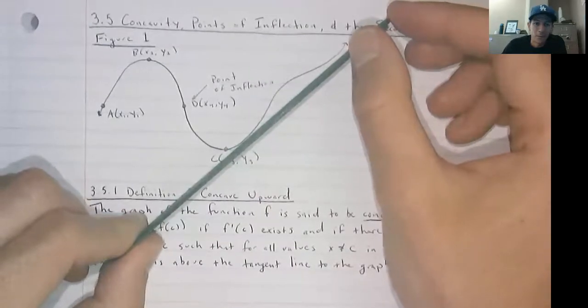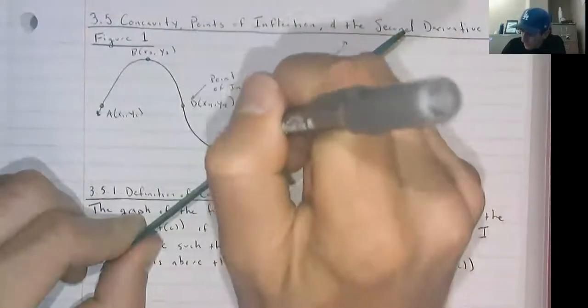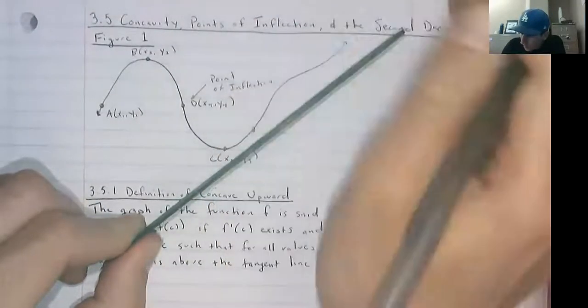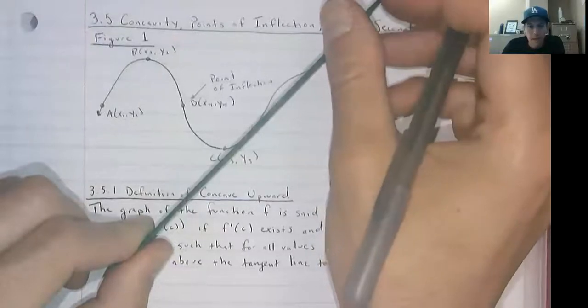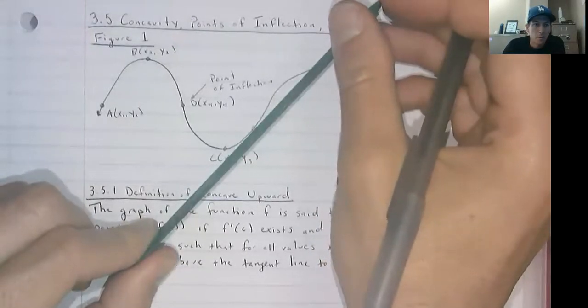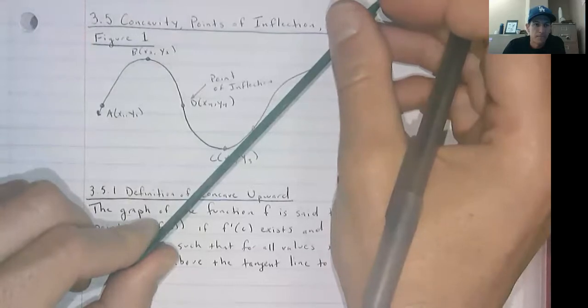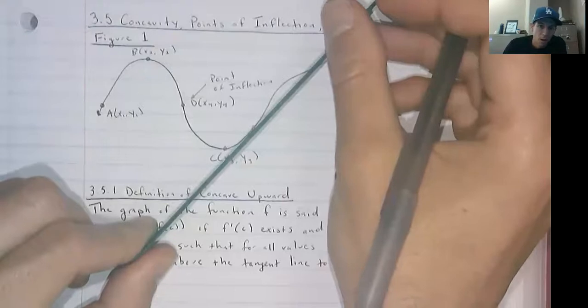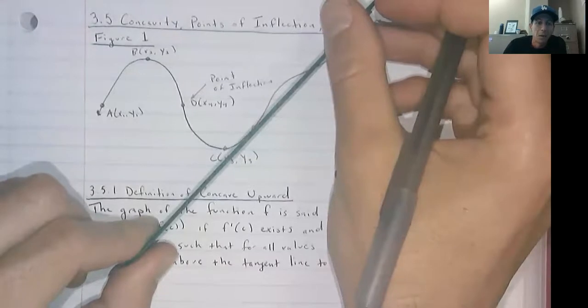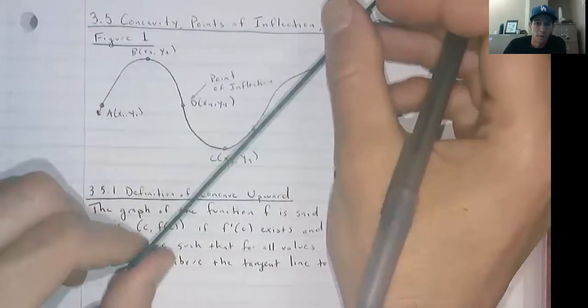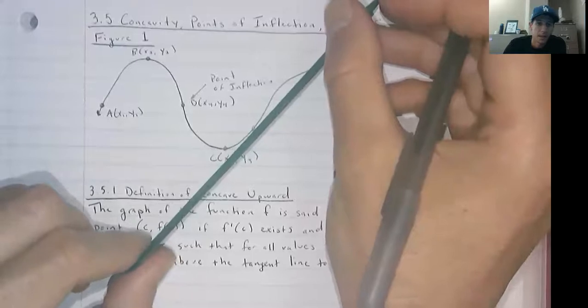If you chose some point at random and drew this tangent line, and then looked at a bunch of points close to c, all the points on that graph close to that point lie above that green surfboard. The tangent line is below the graph. Concave up sections of our graph have this characteristic: if you draw a tangent line at a given point, the stuff around it is above it.